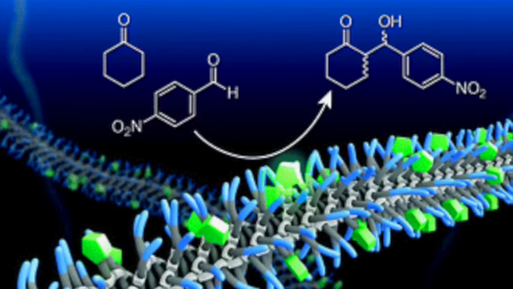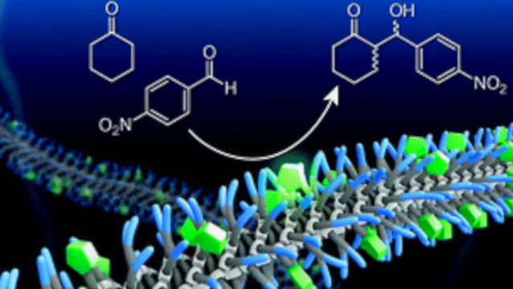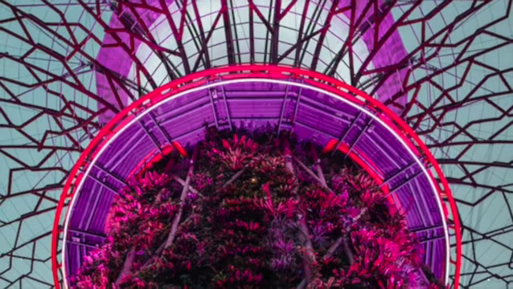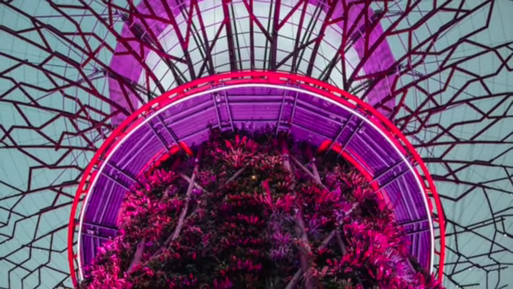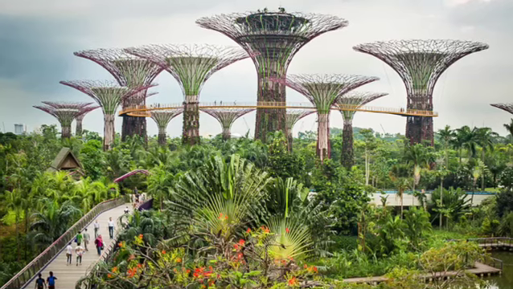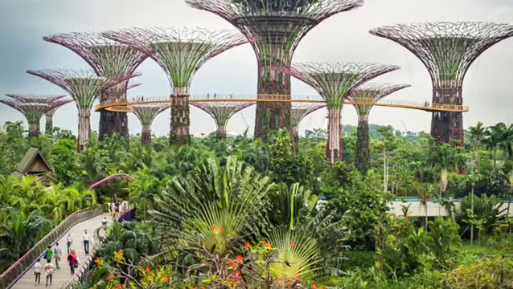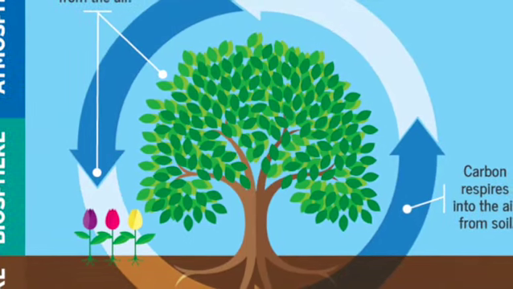ROS management: engineering plants to better manage reactive oxygen species, ROS, which are byproducts of electron transport and can cause cellular damage. Example: increasing the expression of antioxidant enzymes to mitigate ROS effects. Challenges: maintaining a balance between enhanced electron flow and ROS production to avoid oxidative stress.